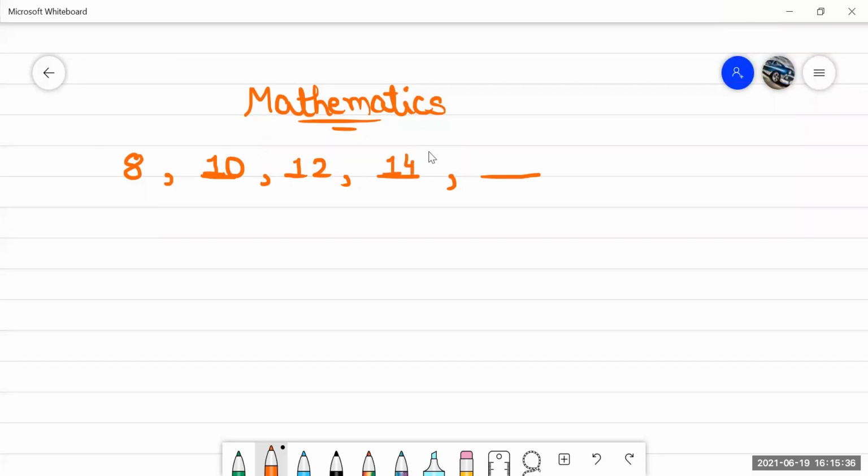Very good. That would be 14 and 16 because it's a pattern. And what's the pattern? We are adding 2 to it, right? 8 plus 2, 10, 10 plus 2, 12, 12 plus 2, 14, 14 plus 2, 16, and so on.